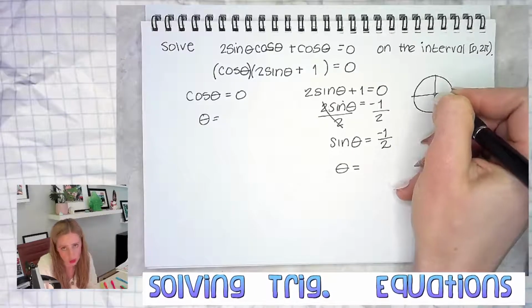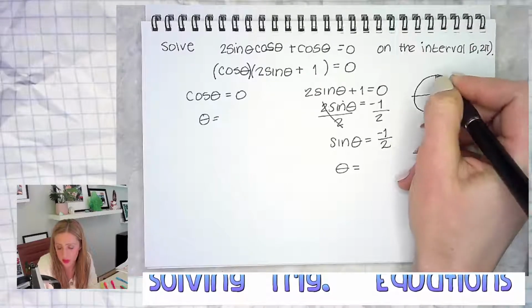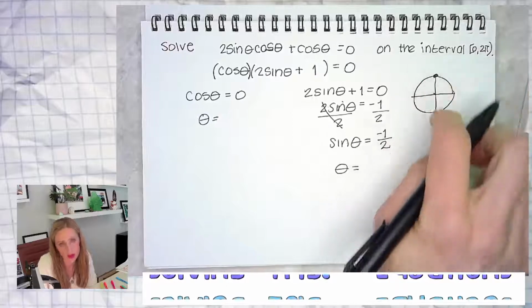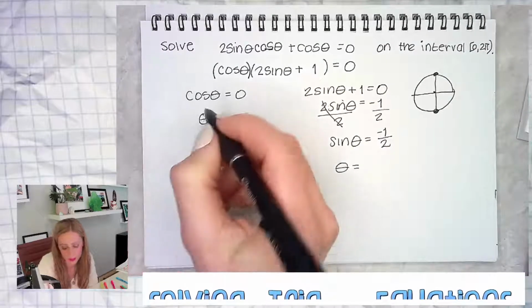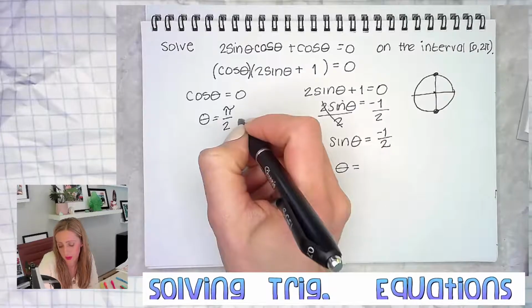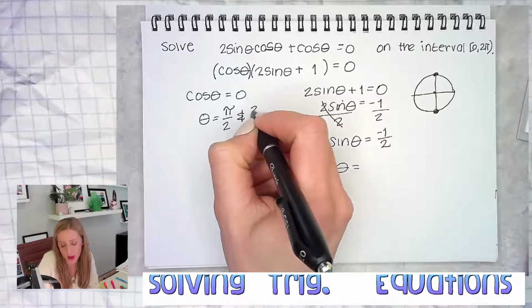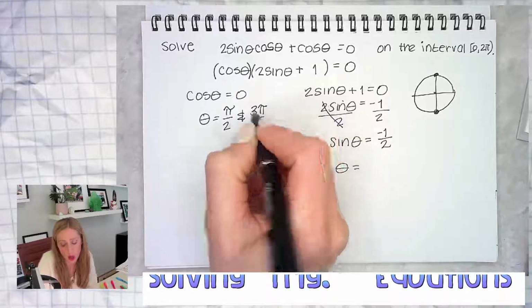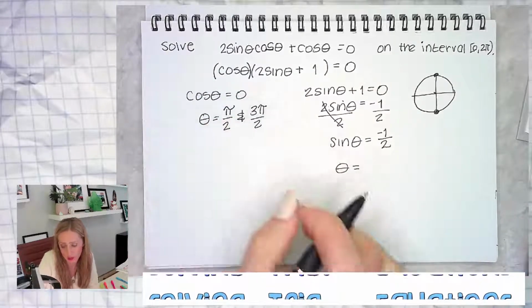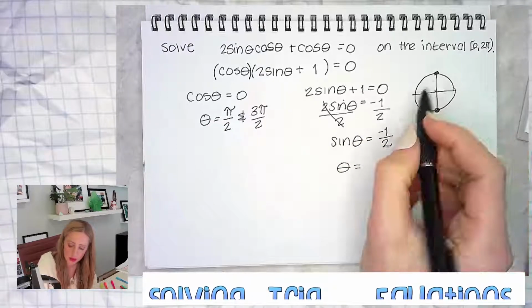If we can't move left or right, x is 0 or cosine is 0, we have to go up here or down here. What angles are those? π/2 and 3π/2. Perfect. π/2 and 3π/2. So we get 2 answers from that part of the equation.